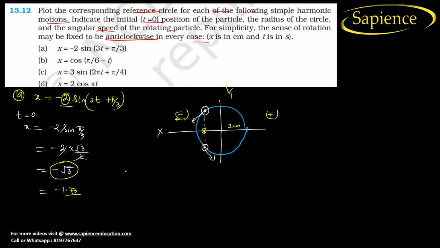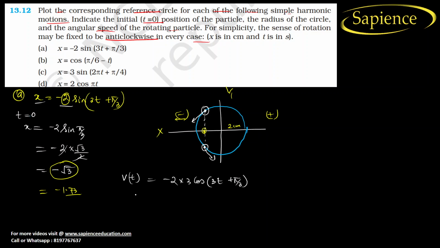For that we need to find the velocity. The velocity at time t is the differentiation of x. This will be minus 2 into 3 cos(3t plus pi by 3), because the differentiation of sin is cos.